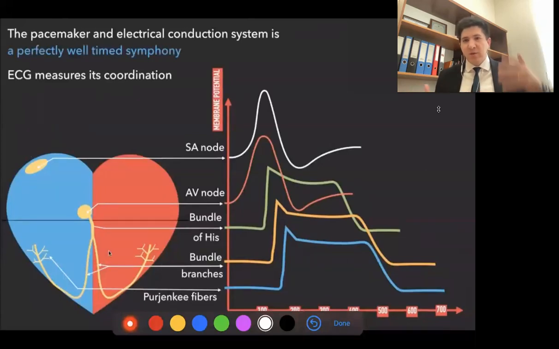It looks like a symphony. It contracts in the beginning on the top part, then after some time it contracts in the lower part. Then all of the cells in the heart become depolarized, and after a while it relaxes.